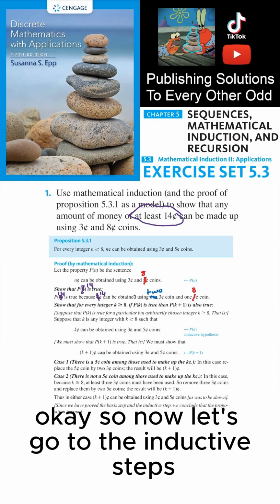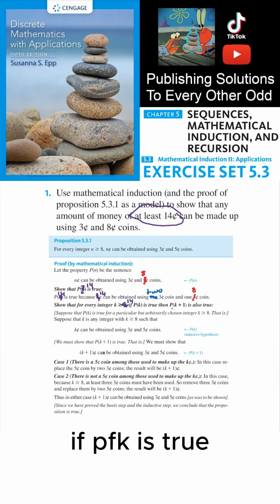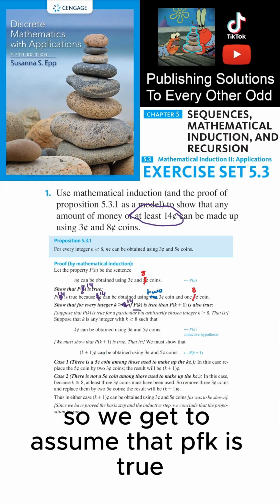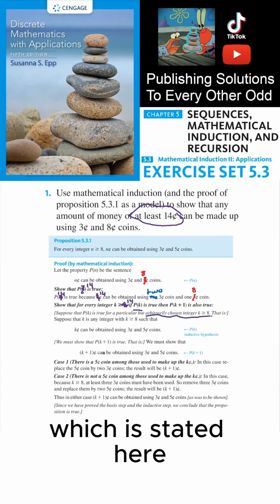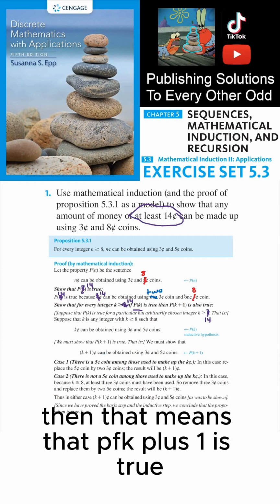Okay, so now let's go to the inductive step. Show that for every integer k greater than or equal to 14, if P of k is true, then P of k plus 1 is true. That's the goal here. So we get to assume that P of k is true for some arbitrary fixed integer k, which is stated here, and k is going to be greater than or equal to 14, then that means that P of k plus 1 is true.